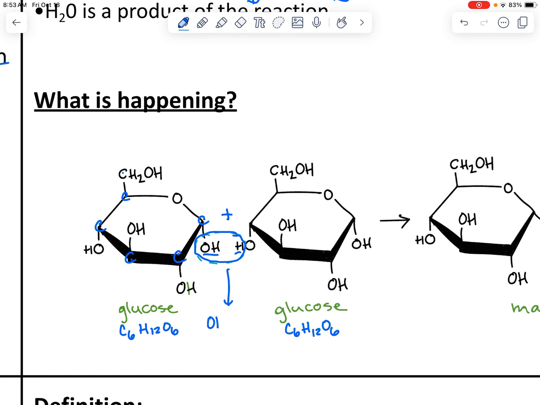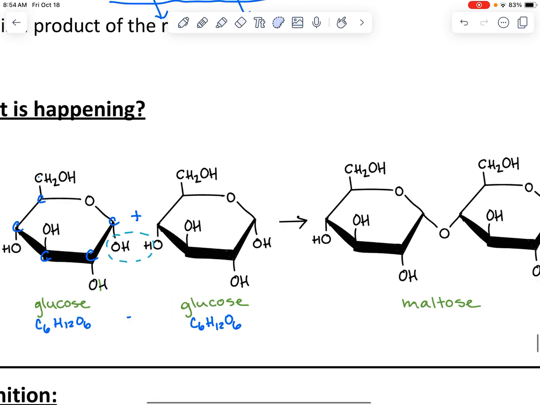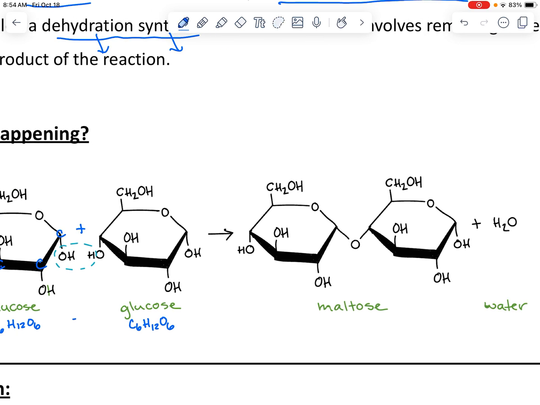If I take the OH out, it's called an OH minus, a hydroxide ion. If I take the H out, it's an H plus. And I think most of you know that pluses and minuses like each other a lot, and they come together to form water. That's why it's called dehydration synthesis, because I have to remove the H and the OH in order to make that bond. If you look on the other side here, now I've got that bond made.